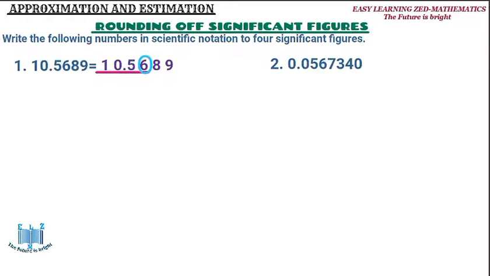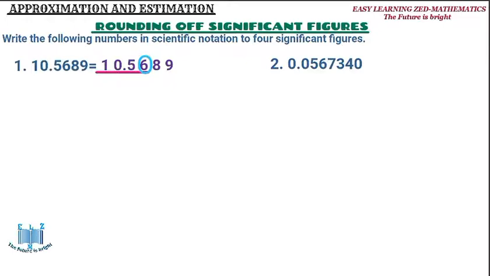So that means we're going to look at the number which is on the right side of 6 to check if it's less than 5 or equal or greater than 5. So we're going to check the number which is on the right side of 6. We can see that 89 is the immediate number on the right side of 6, starting with 8. So that means we are going to add 1 to 6.